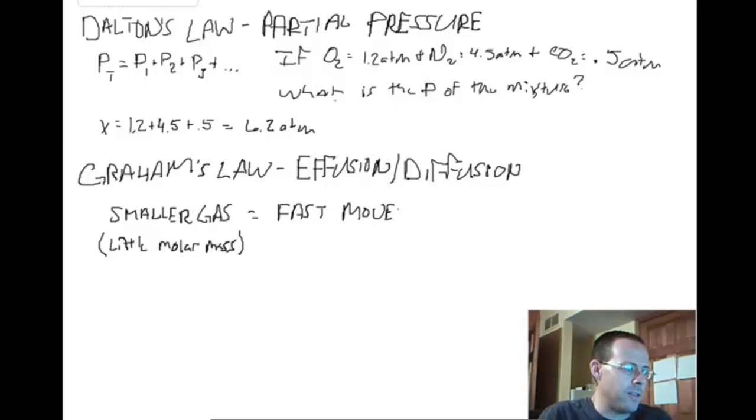So the lighter the gas, the faster the gas. If a gas is light, it's going to move more quickly. If a gas is heavier, it's going to move more slowly.